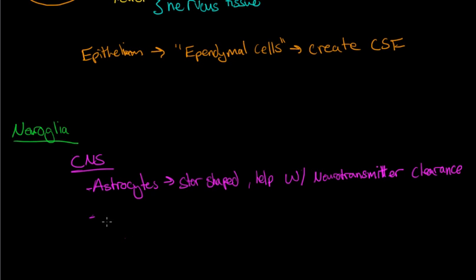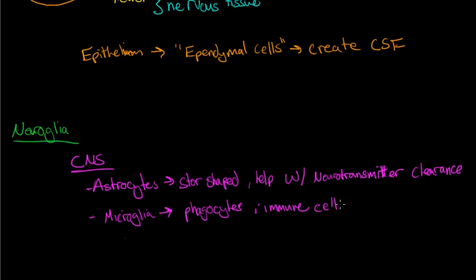Then we've got microglia. The astrocytes are going to be most abundant, and microglia are going to be least abundant. And they're going to be phagocytes. So they're going to engulf things, and it's going to show immune function.